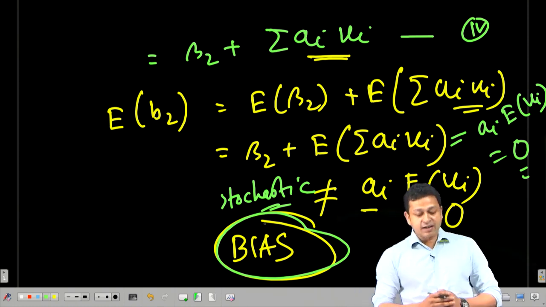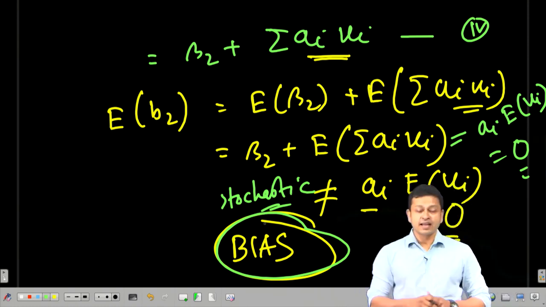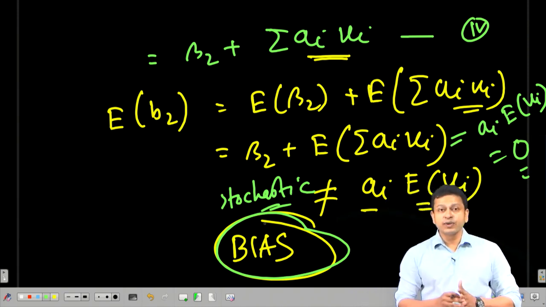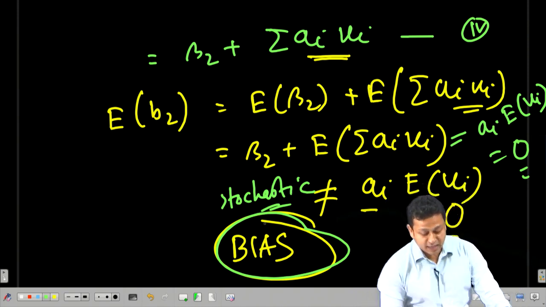So that is a problem, and we need to take care of that, and that is why whenever we deal with a stochastic regressor, we make another assumption. That is an addition to the other assumptions that we make for estimating regression.